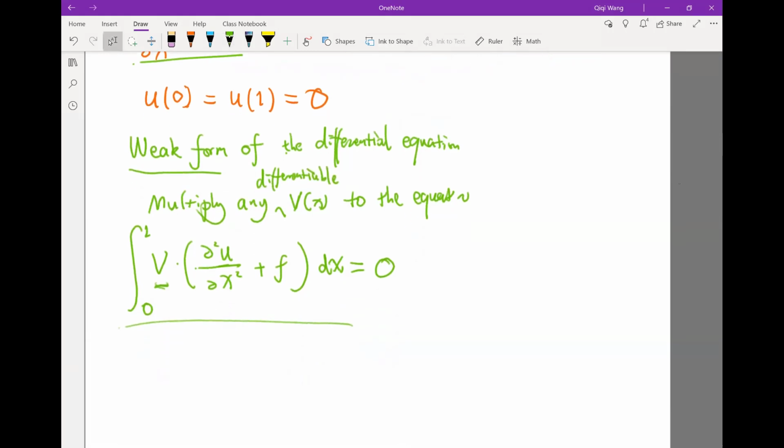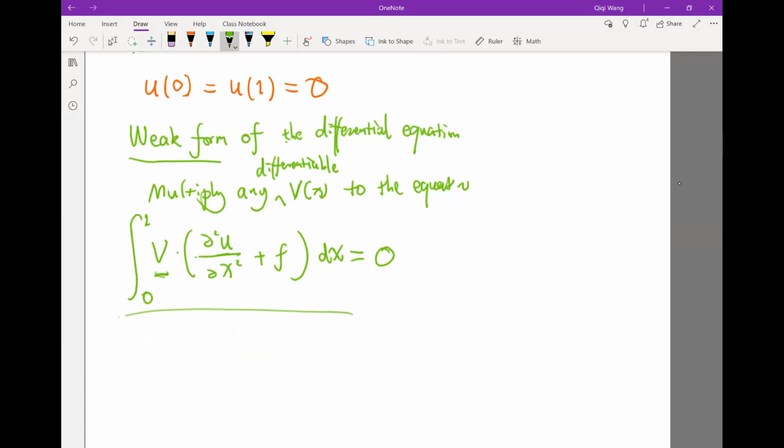Having v differentiable enables me to manipulate this integral into something weaker, something that allows me to weaken the differentiability requirement of u. And the method we are going to use to do that is integration by parts.